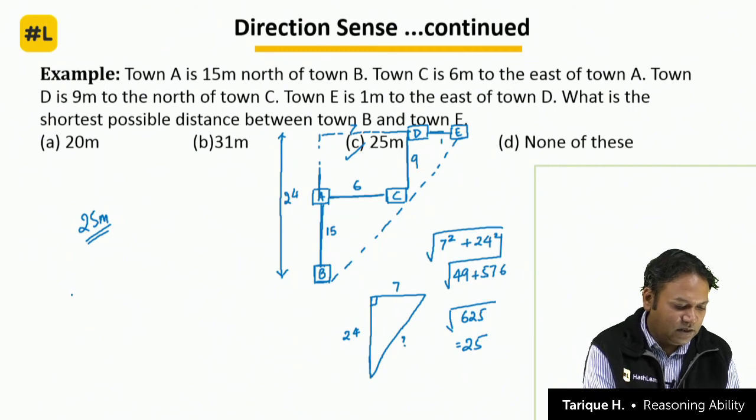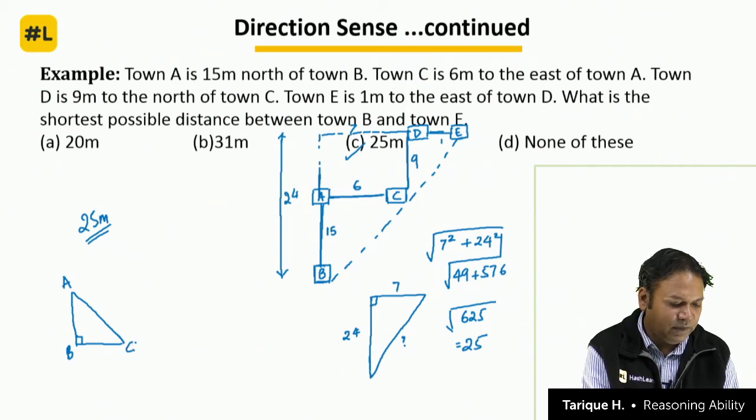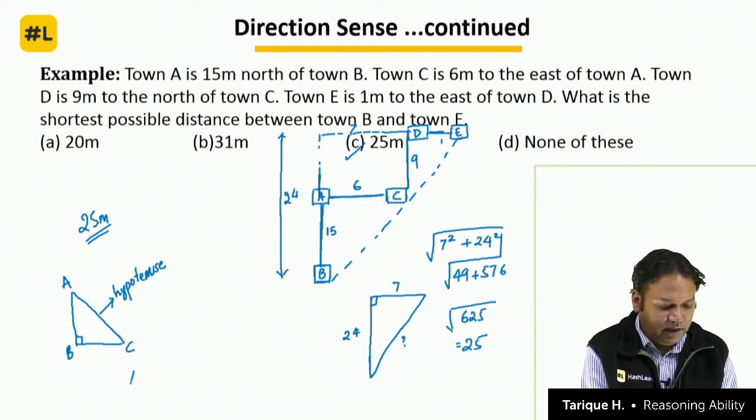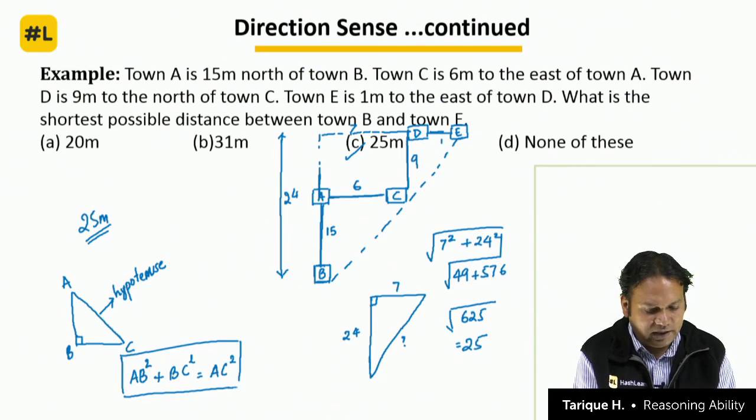Now, what we should know here is this concept, that in a right angle triangle, angle is 90 degrees, we have three vertices A, B, C. This longest side is called the hypotenuse, and we have what is called the Pythagoras theorem, that the sum of the squares of the adjacent sides or the smaller sides is equal to the square of the largest side. So, this formula is used sometimes while solving questions on direction sense.